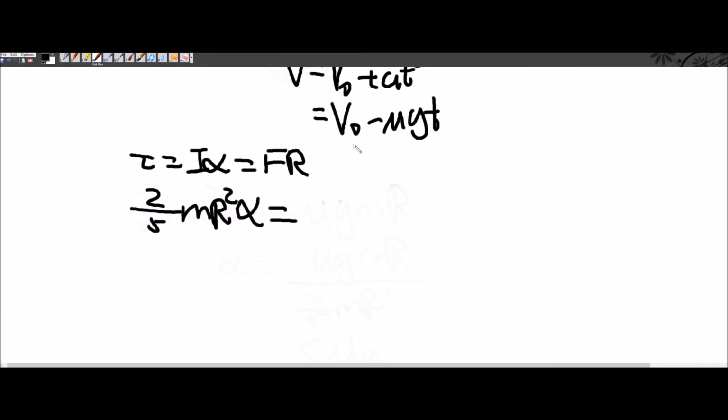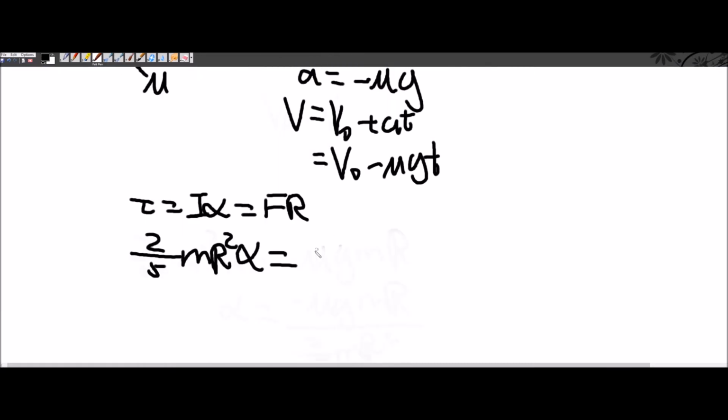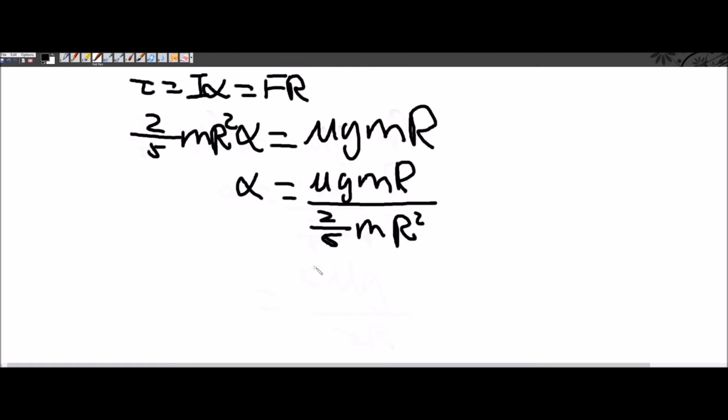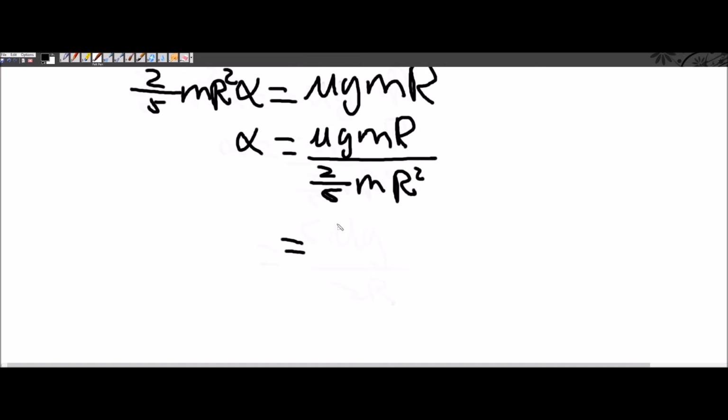And the force from up here is equal to mu g m, and we carry r here. Now isolating for alpha, we get alpha is equal to mu g m r over 2 over 5 m r squared. Simplifying this, you'll get 5 mu g over 2r.